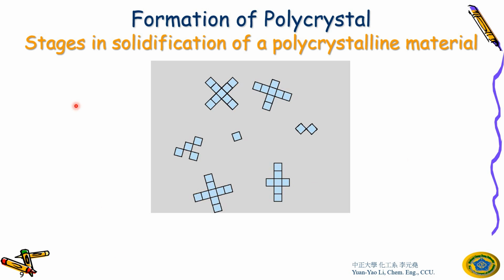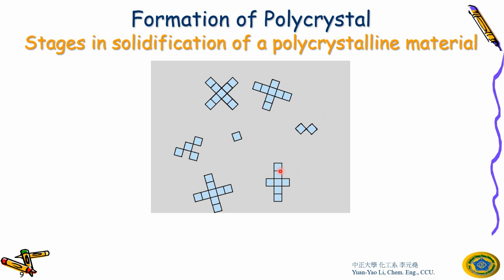So this is the stage of solidification of a polycrystalline material. Imagine you have a supersaturated aqueous solution of sodium chloride, and you start to cool down the temperature, and you can see some seeds come out. Let's regard this as a seed.